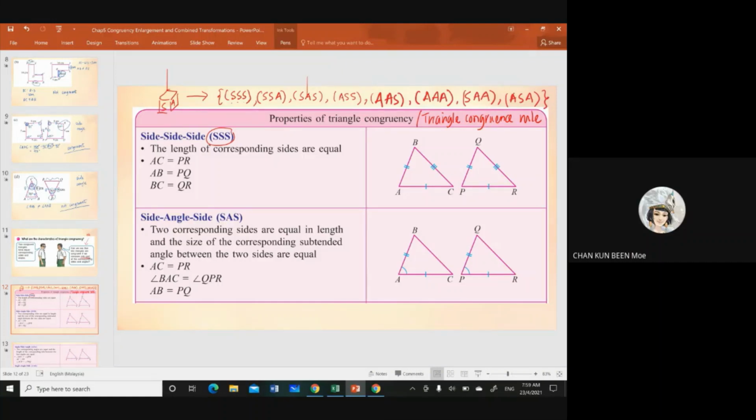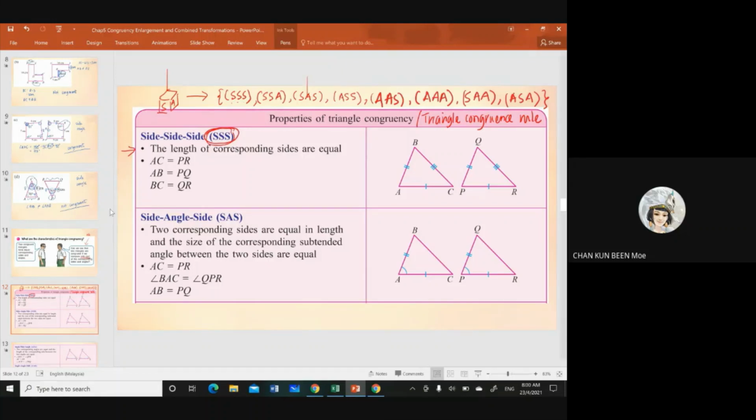Why I asked you to list down all of this, because later on I want you to see which one is not included in this triangle congruence rule. Okay, so you can see the first triangle congruence rule is SSS. We have to go through the details one by one. First one, SSS means side, side, side. So it means the length of the corresponding sides are equal.